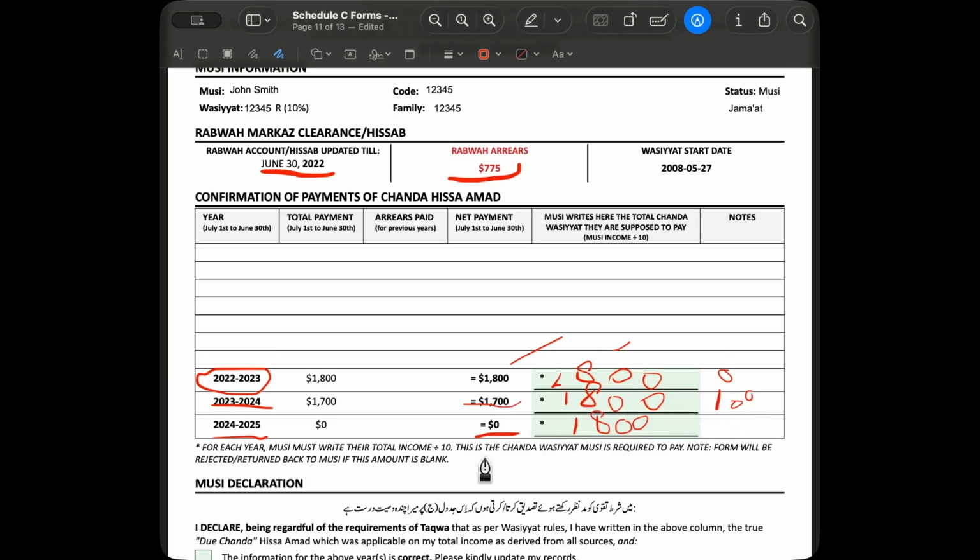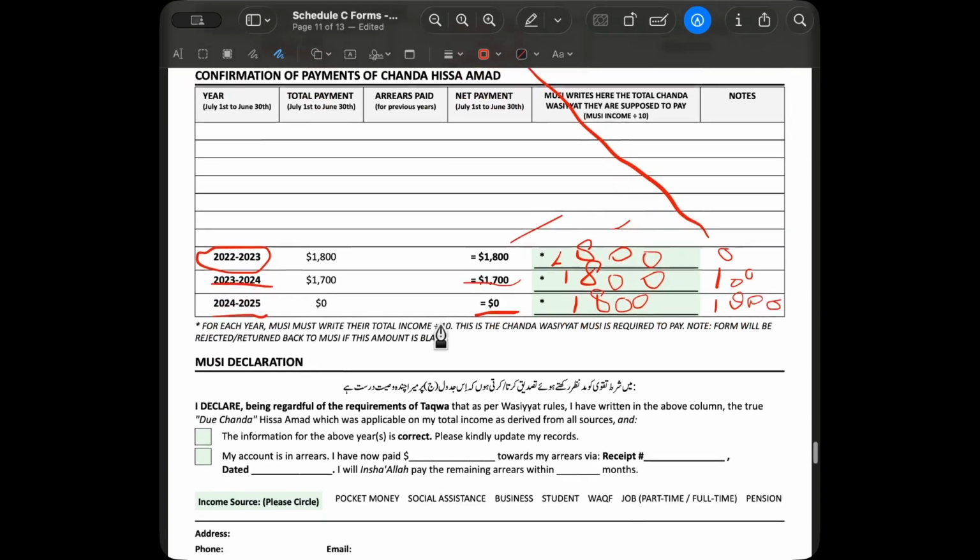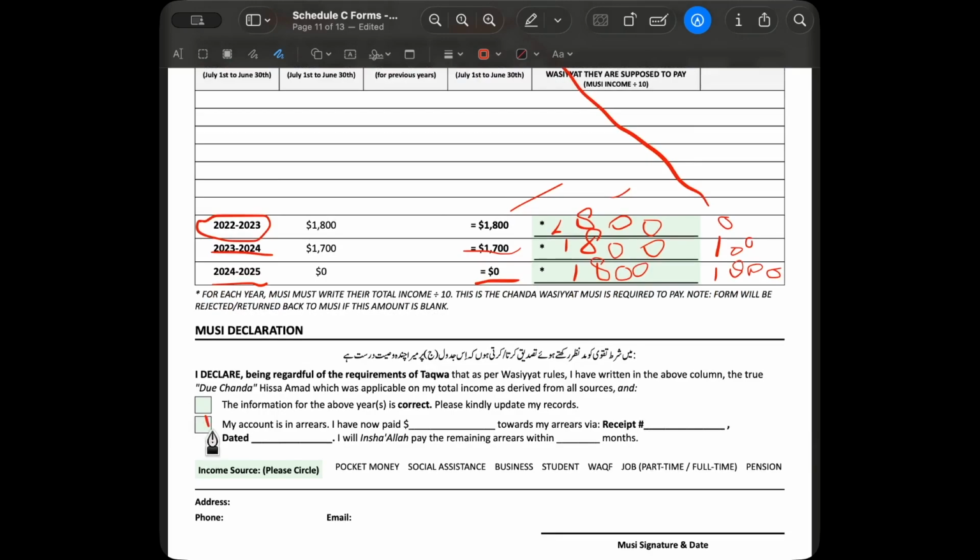And then the next year he has paid 0, so his declaration was 1800, so his arrears will be 1800. Now 1800 plus 100 is 1900, so that would be 1900 arrears, and also including this, that would be his total arrear amount.